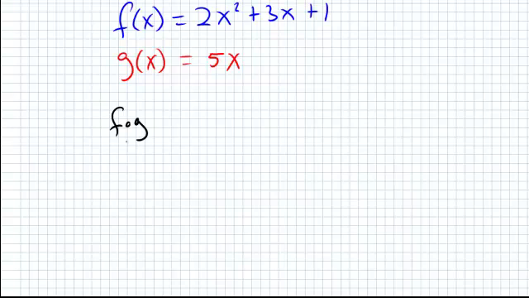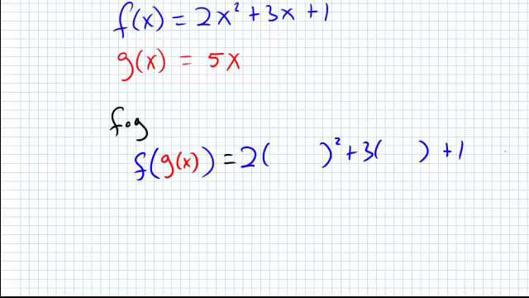Alright, here's my answer. So I'm going to rewrite it as f of g of x equals my f function. Wherever I see an x, I'm going to put a big parentheses, 2 big parentheses squared plus 3 big parentheses plus 1. What goes in that big parentheses? My g of x. So 5x and 5x.